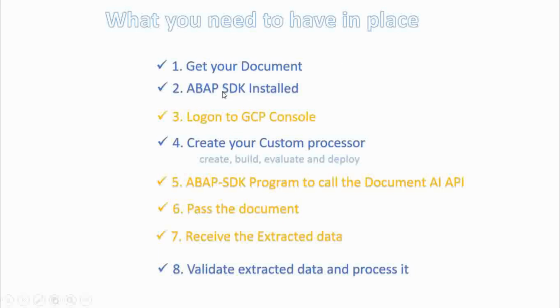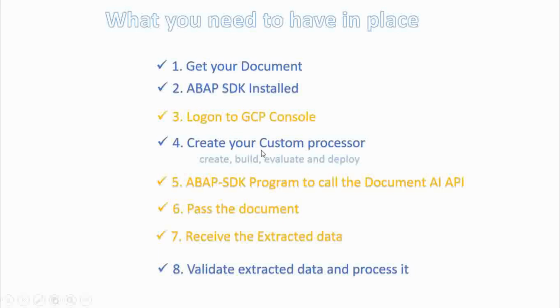Second, ABAP SDK should be installed in your ABAP system. The third one is you should have a GCP login console, with privileges to use this Document AI API. So these three things you should have.